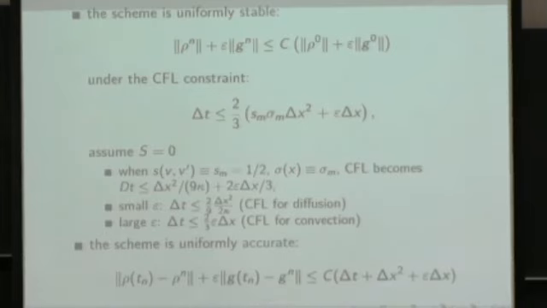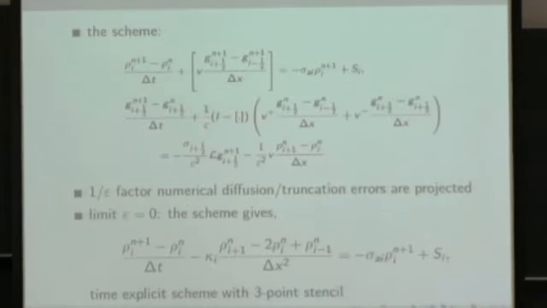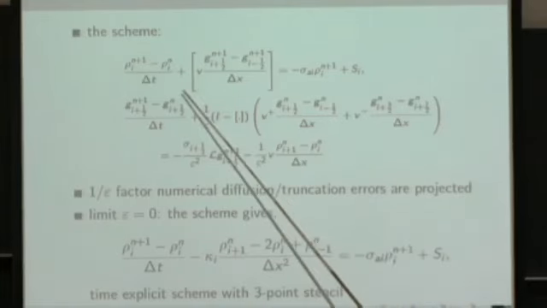You can just put it implicit, it doesn't matter. You just make it implicit, it's okay, you can do it. The issue is that it then no longer has this implicit-explicit structure. You have to couple together the low modes and the high modes. It's extremely expensive.